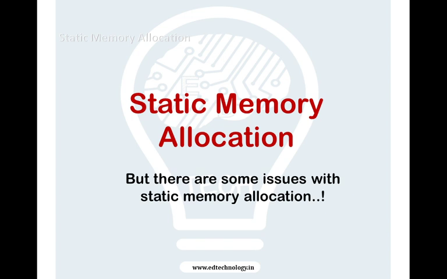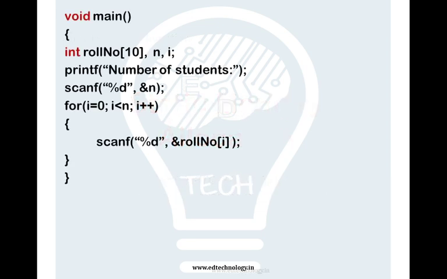But there are issues that we need to understand with static memory allocation. When we have a program like this, we have a roll number array with the capacity to store 10 values, and then we only enter a few values there.